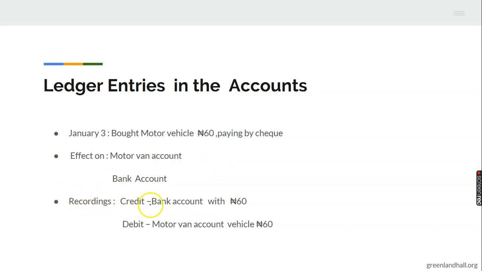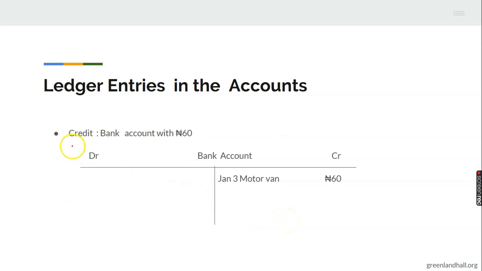So in recording it, we are going to credit the bank account because the bank account actually released a check of 60 naira, and we are going to debit the motor van account which received the check value of 60 naira. It's going to appear like this. Credit the bank account with 60 naira. This is the bank account. So this is January 3, motor van received the amount of 60 naira in check, and it has been credited there.